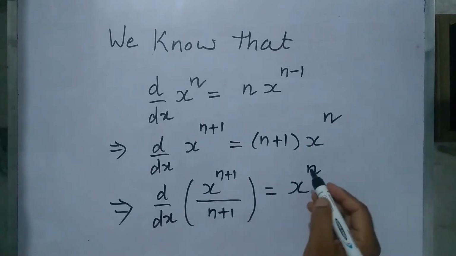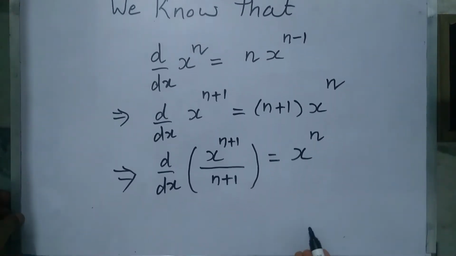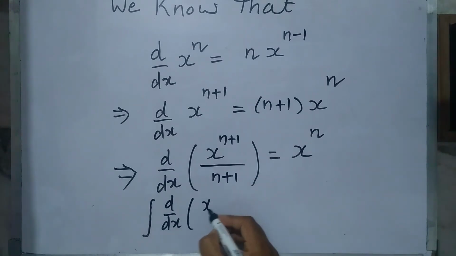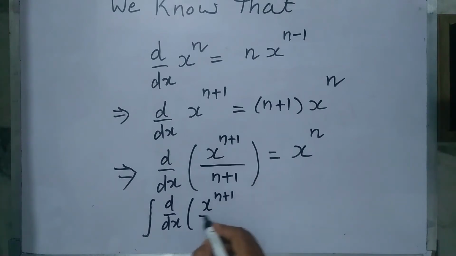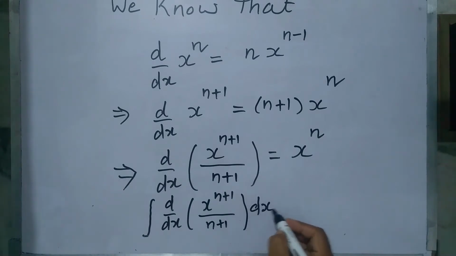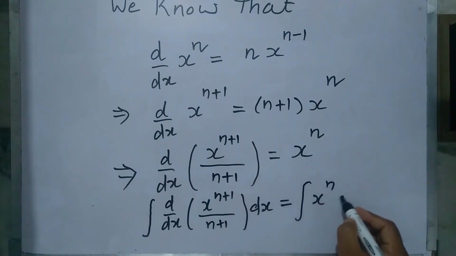So this way, if we insert integration sign to both sides, integral of derivative of x power n plus 1 upon n plus 1 dx is equal to integral of x power n dx. Then what is the result?